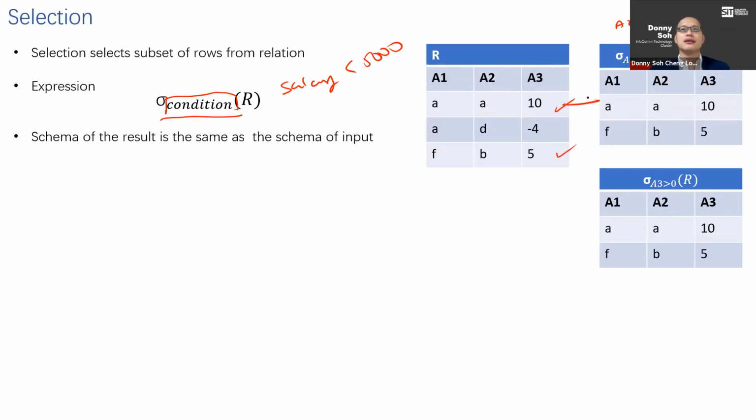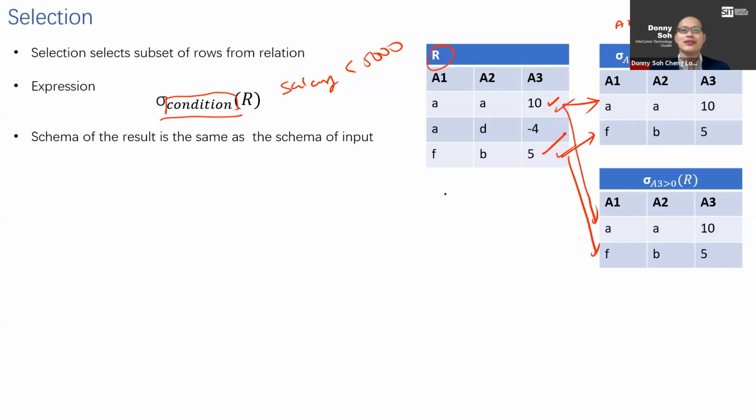So I'm selecting these two rows out. And in this case, how we read it is that I'm selecting all the rows from table R, whereby A3 is going to be greater than 0. So I only have two, which is this and this. So this will be here, and this will be here.